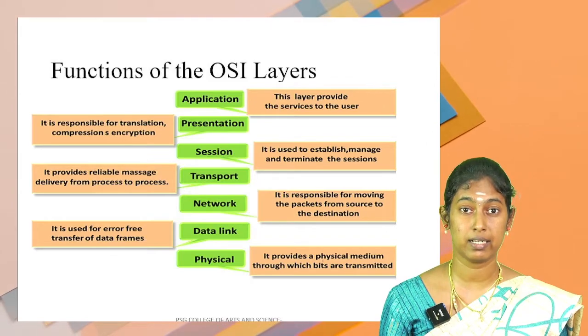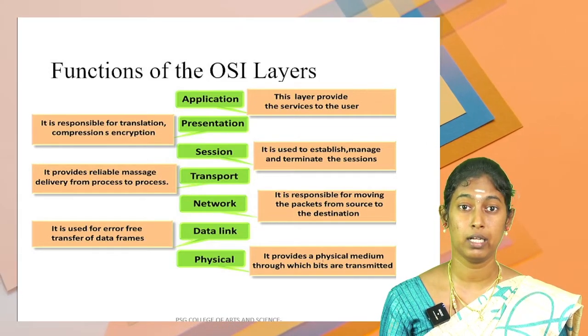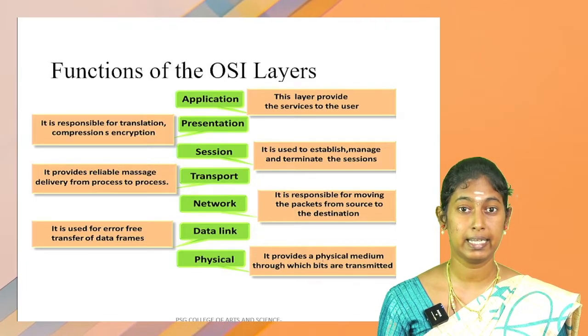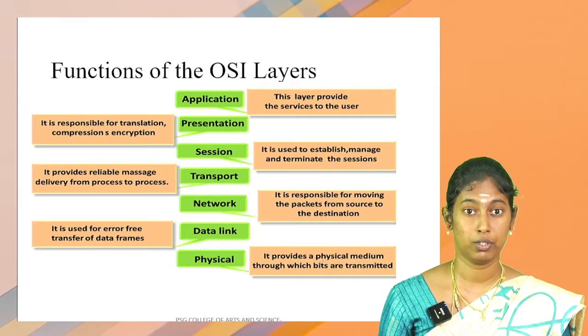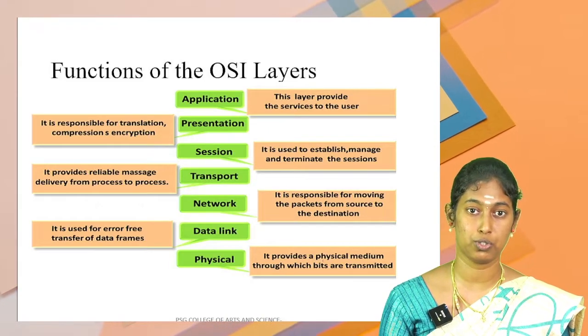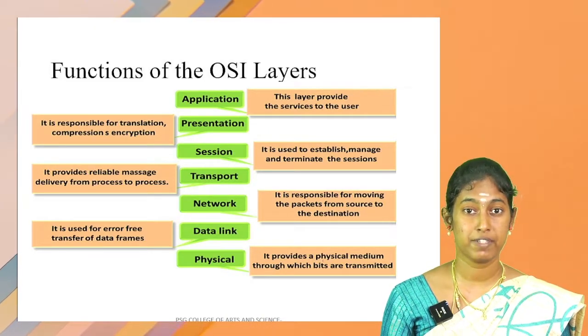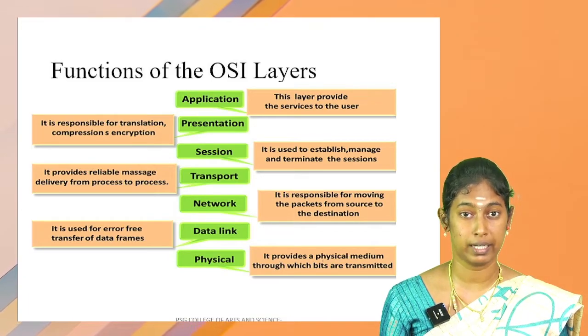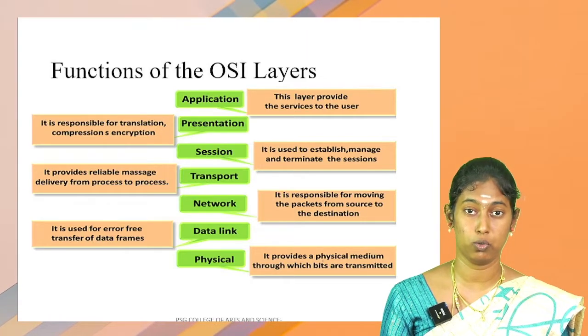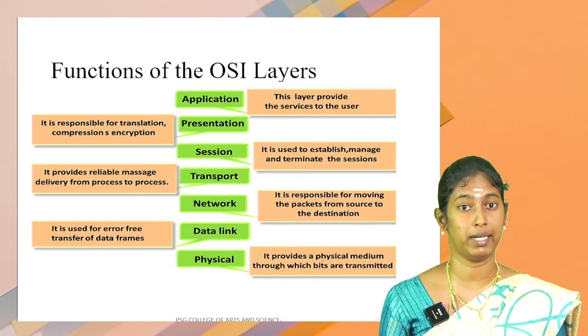The network layer is responsible for moving the data from a host to the destination. The data link layer is used for error-free transmission of data from host to destination. The physical layer is the lowest layer and provides the actual transmission of data from host to destination in the form of binary digits.